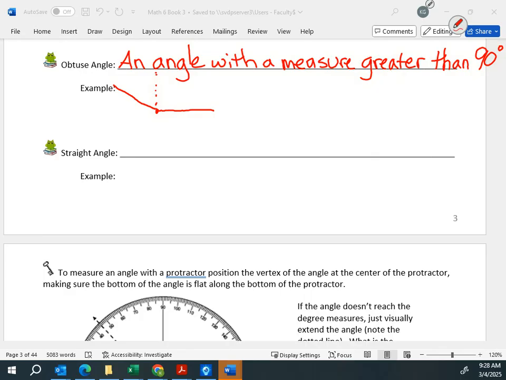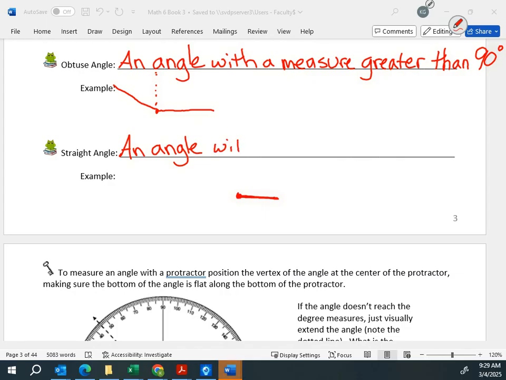Now we have a straight angle. Any guess on that one? Lila? Ooh, good guess, but it's not 0, because that would just be a dot. And we have lines. So if we have one line here, the other line is not right on top of it.